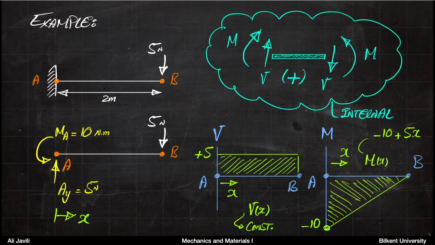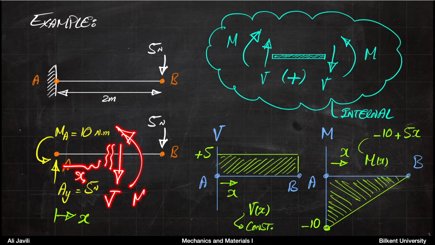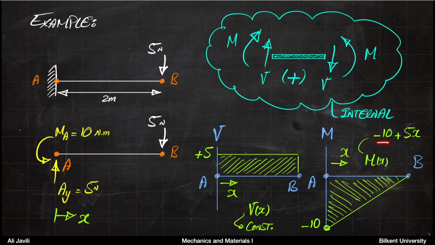But the moment is different. If you cut the beam at a section with distance x, the moment that you would get, again, at that point, you should draw the V and M, and you can write equilibrium equations. And if you write the equilibrium equations, you can see that the moment equation would be minus 10 plus 5x.